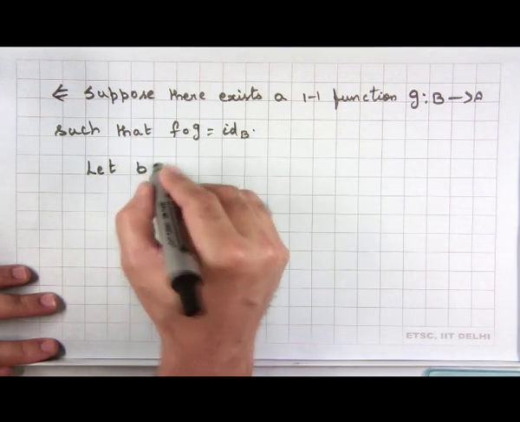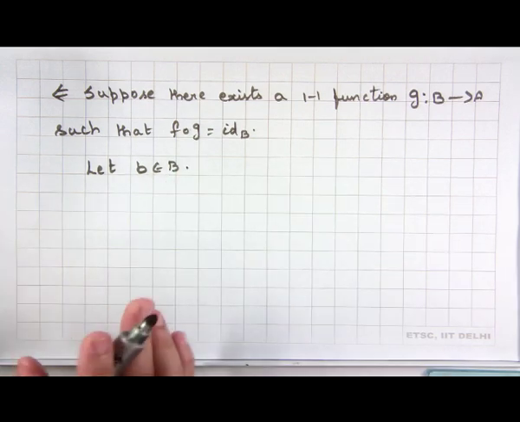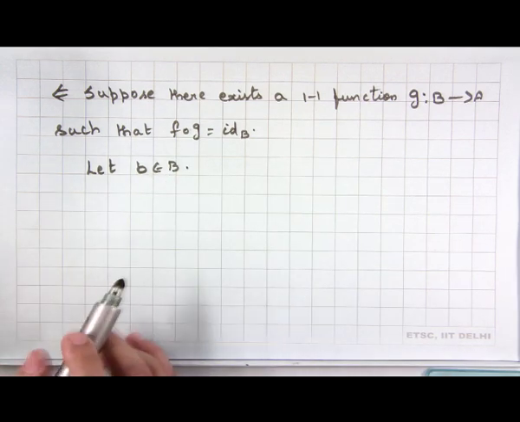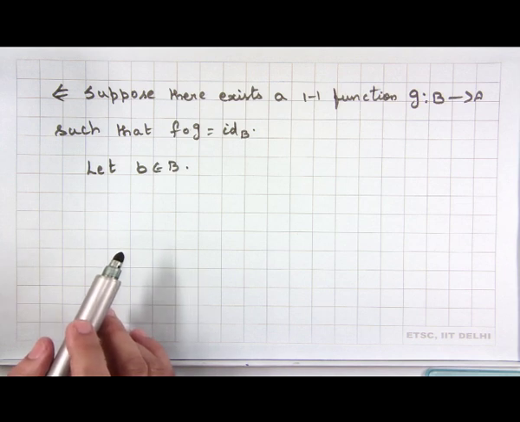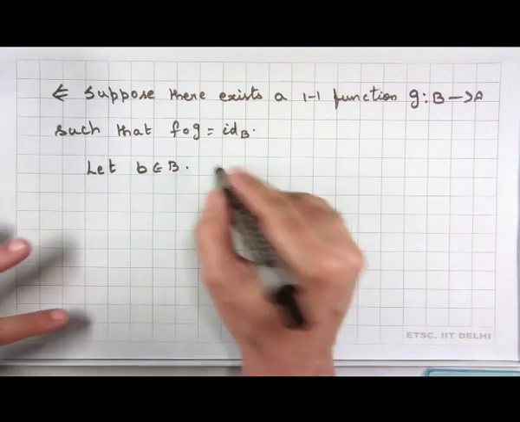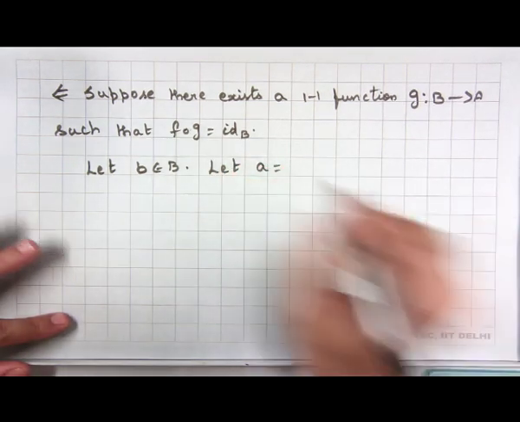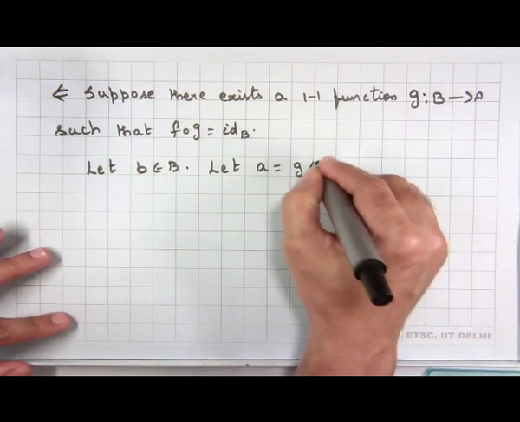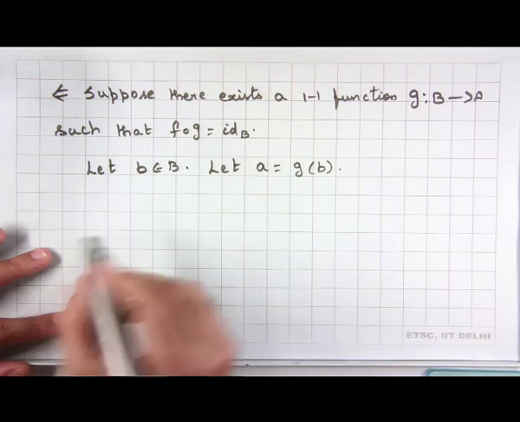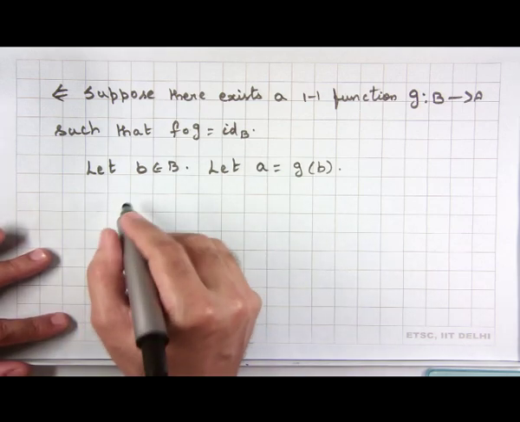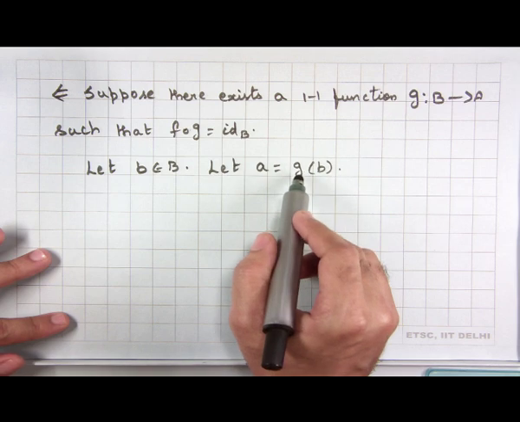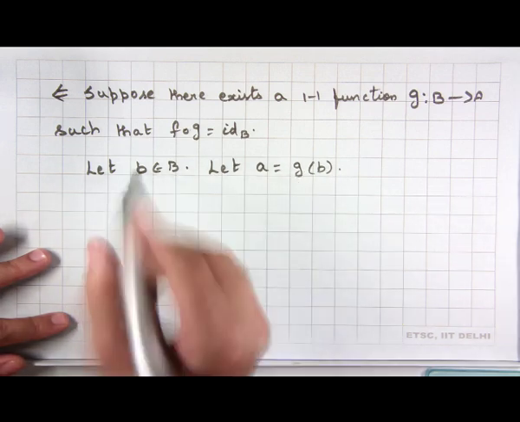Let b in B. I will have to produce an element a in A such that f of a is b. So, the best choice is, let me choose a as g of b. Then I will have to show that f of a is b.